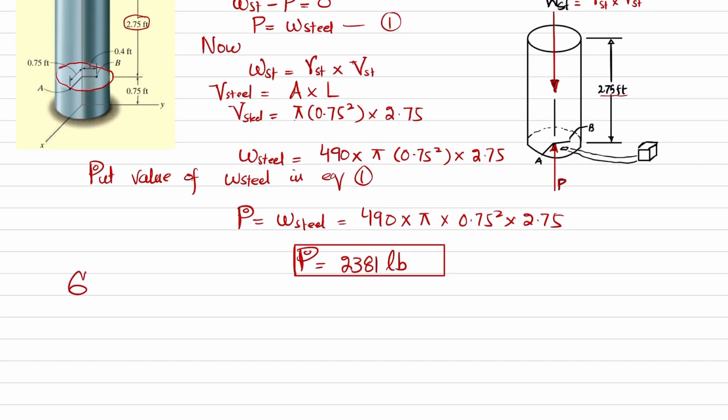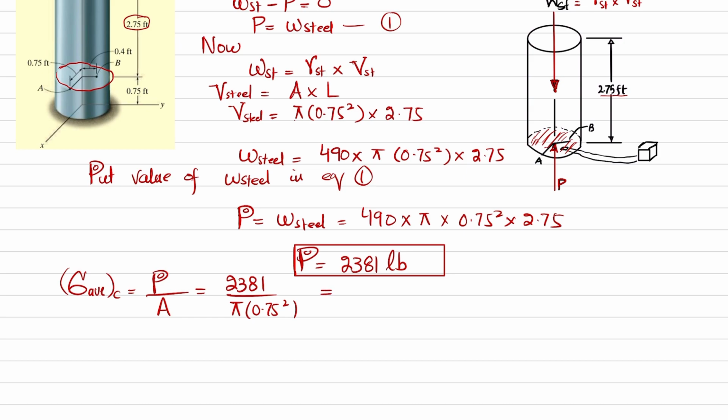Now you have this load, so we have to find the average compressive stress. We know that average compressive stress is equal to compressive load divided by compressive area. The load is 2381 pounds and the compressive area is this shaded one, which is pi r square. So pi multiplied by 0.75 square.